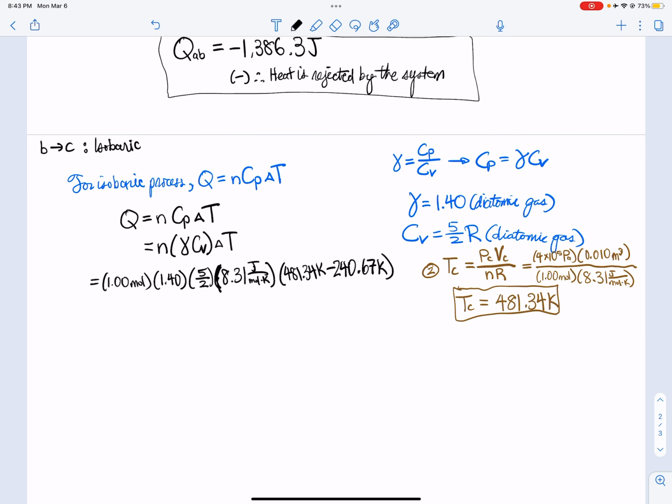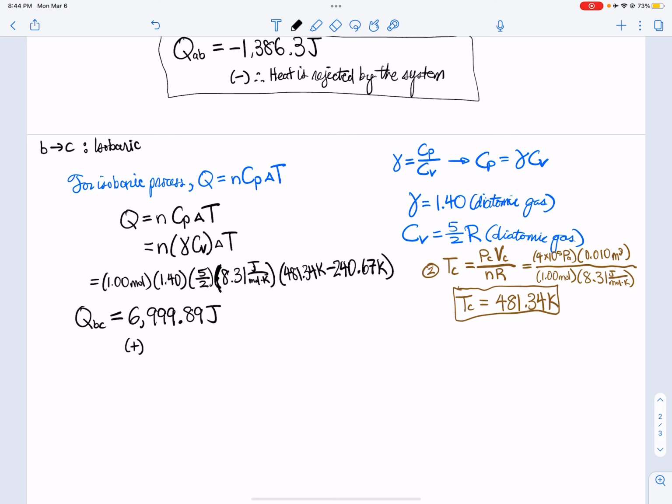And so now if I plug that in the calculator, cancel out all my units, I would get that, again, this is for process BC, right? So the heat transfer from state B to C is equal to 6,999.89 joules, right?